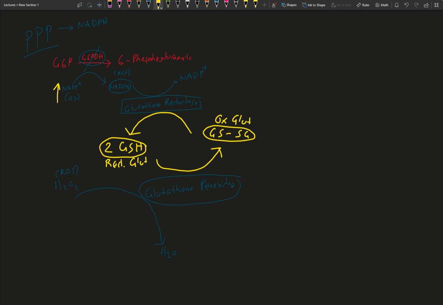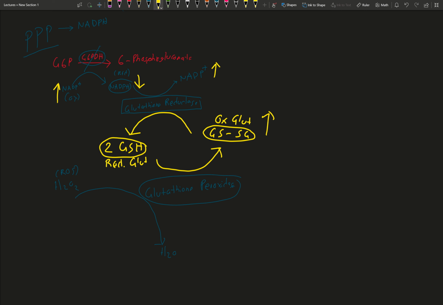When oxidative stress is occurring in the body, this enzyme is still going to be active, but in doing so, it's going to deplete all NADPH stores. So we'll see a dramatic decrease in NADPH, one, because it's being used by this enzyme, and two, because no more is being produced. So we see an increase in NADP+, while also seeing a buildup of oxidized glutathione.